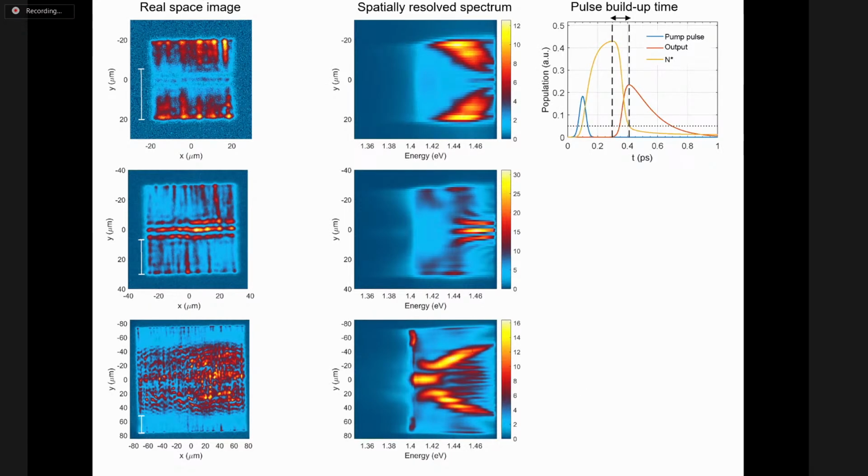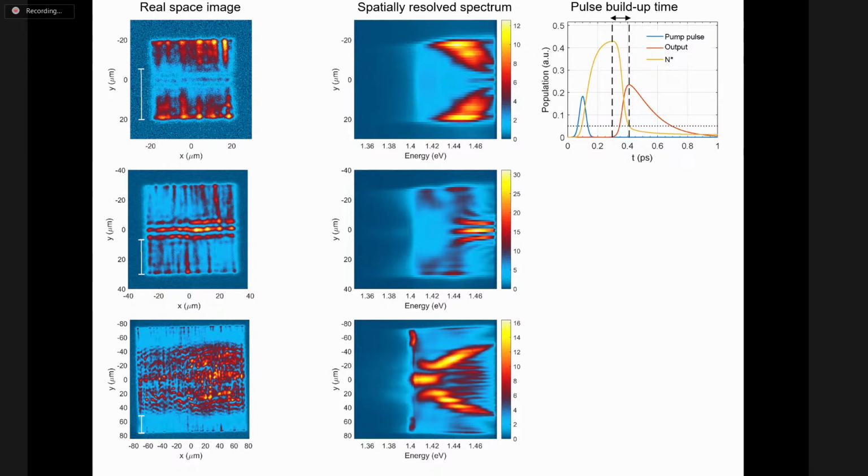And we attributed this effect to pulse buildup, known from gain-switched or Q-switched lasers before. This is just the rate equation simulation of a stimulated process where a pump pulse arrives, generates population inversion, and then there is a short time between the population inversion peak and the output pulse.